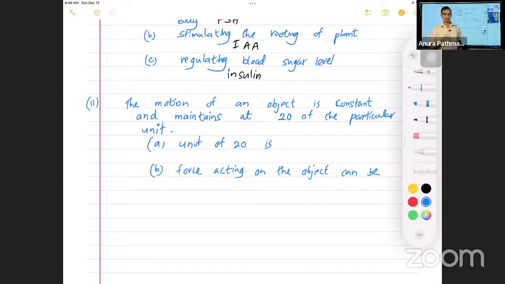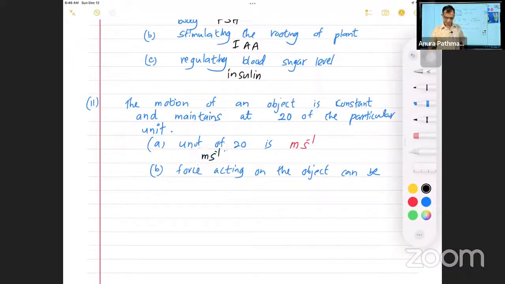Unit of 20 is meters per second, or meters per second squared, or kilogram, or what? Meters per second. Meters per second is correct.